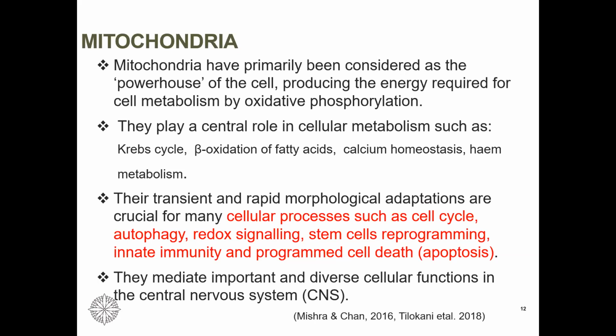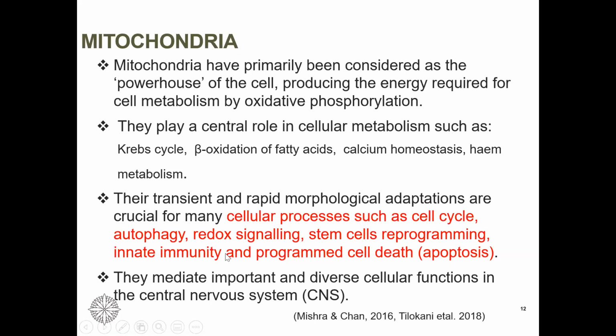So various crucial mechanisms are happening here. Therefore, dysfunction of mitochondria is associated with various disorders, metabolic diseases, cancer, neurodegenerative diseases, aging processes.